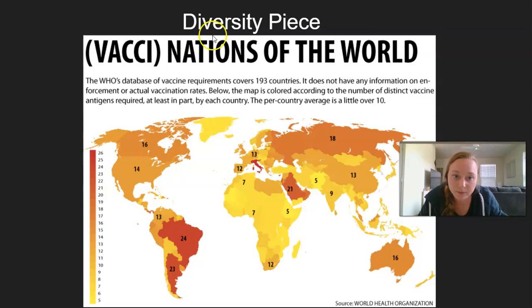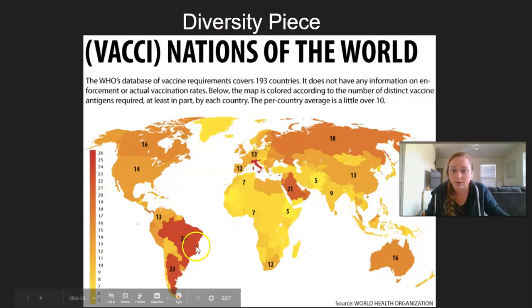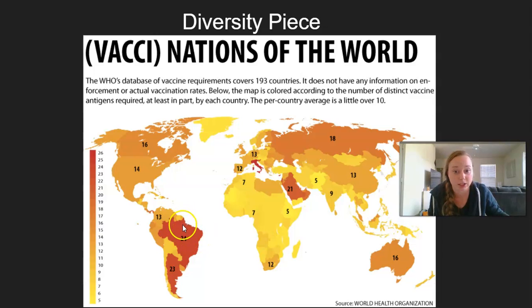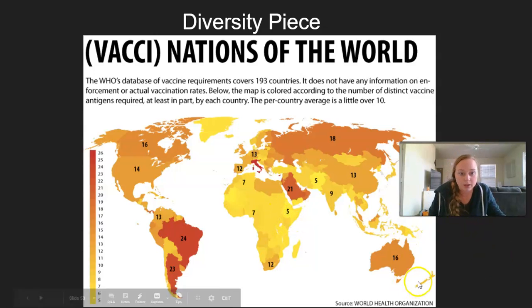Okay, and then you see some lower numbers over here. Wow, places in South America, they require or they ask that you get about 24 vaccinations. Okay, and some places in Africa, we see as low as 5 as well. Over here in Australia, we see 16.